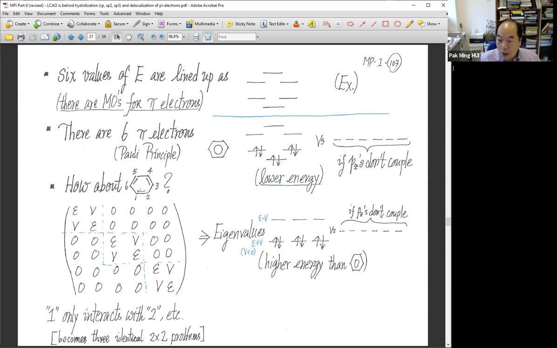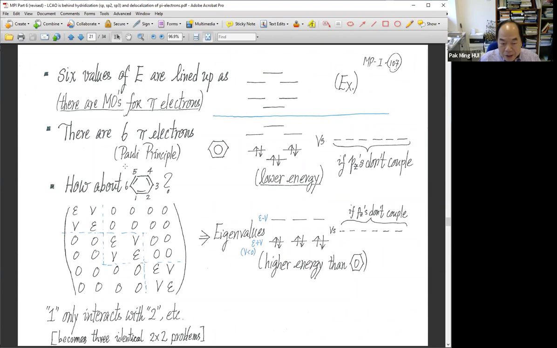It is because of this analysis that we have this understanding. Earlier, we asked the following question: will it be double bond, double bond, double bond like this? It's possible. So we can propose a structure like this and see what will be the result following our LCAO analysis.